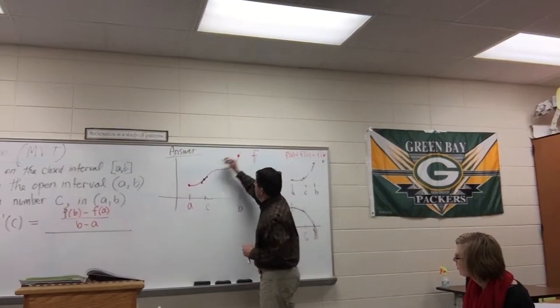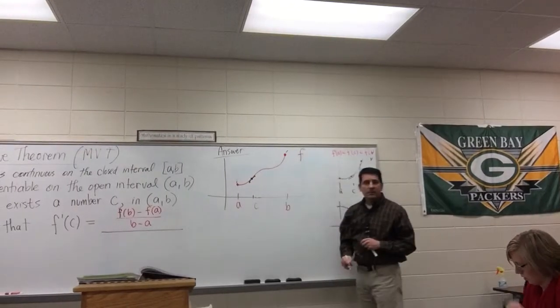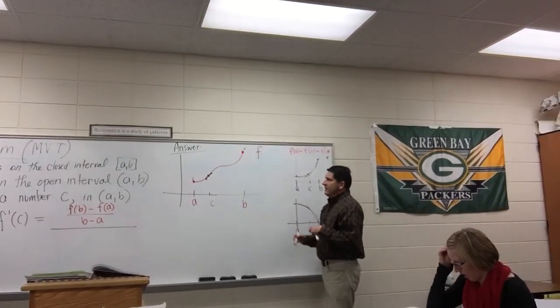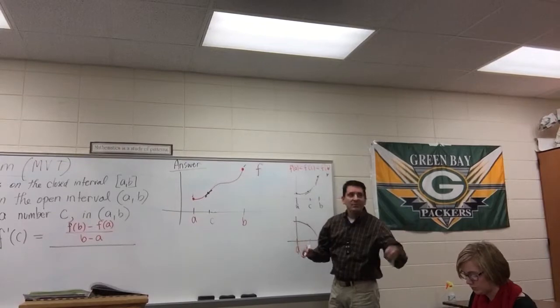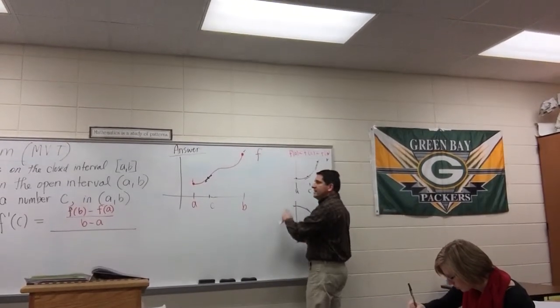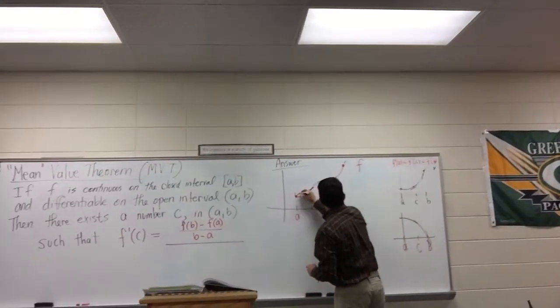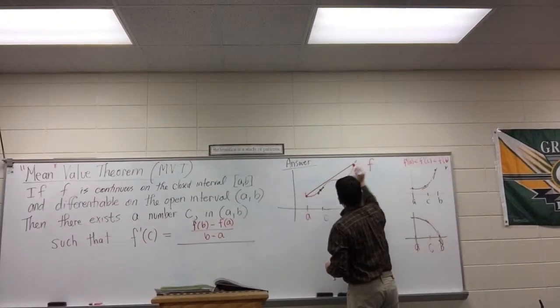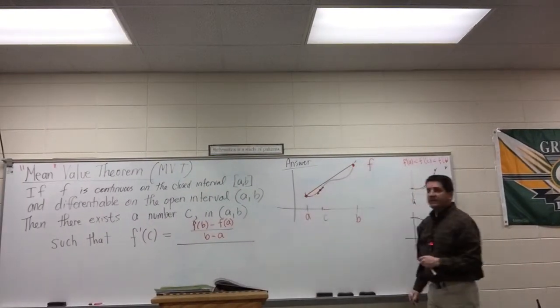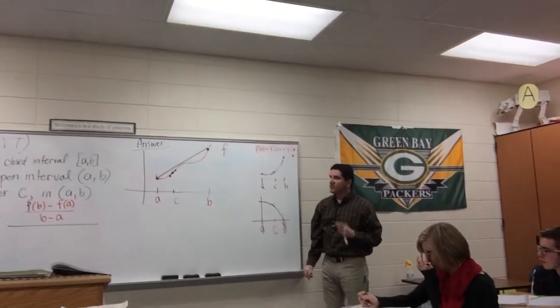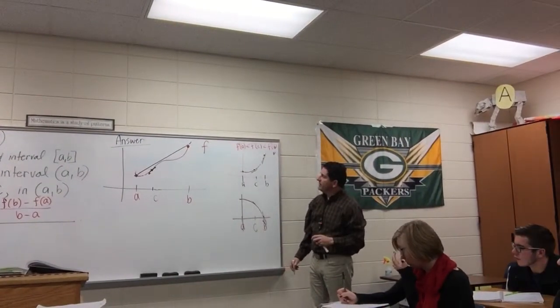I'm using the endpoints. So the average slope as you go from A to B is this slope right here. That's the average slope, and that's where you guys were on the right track.